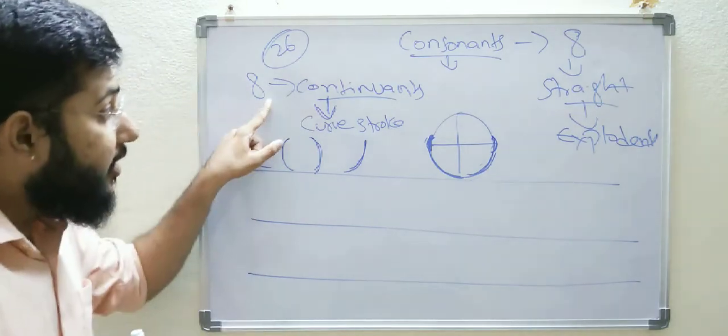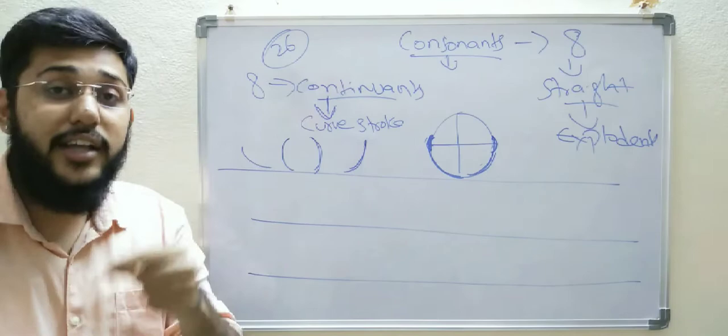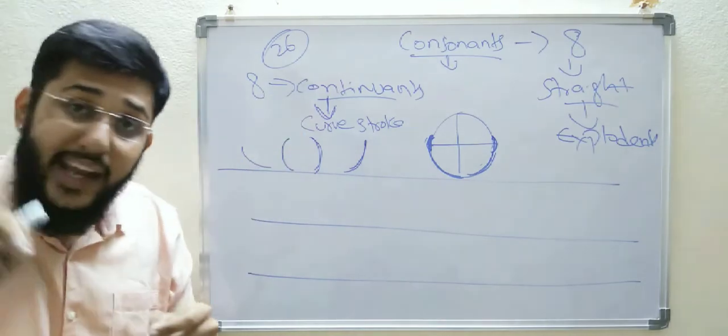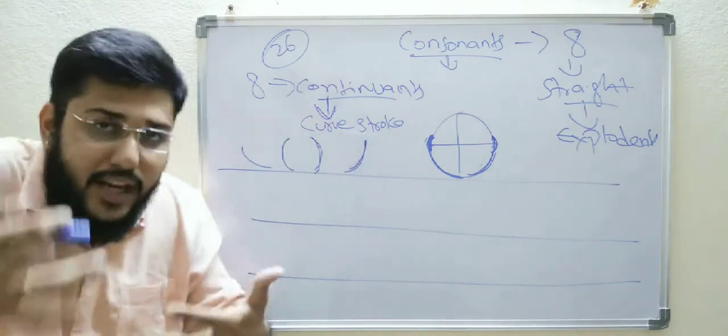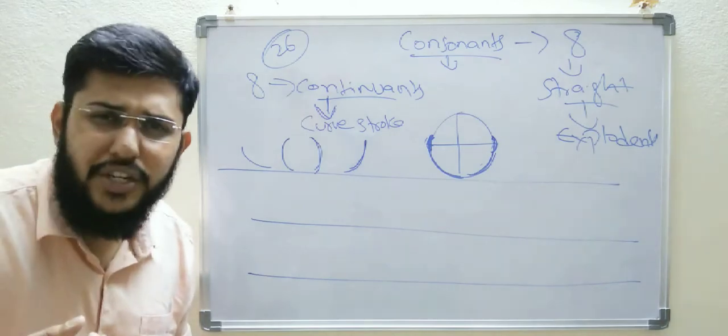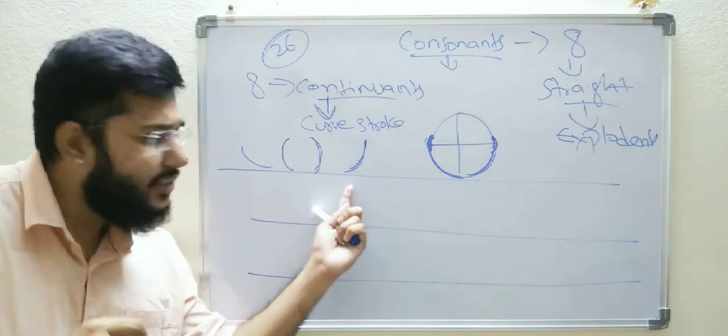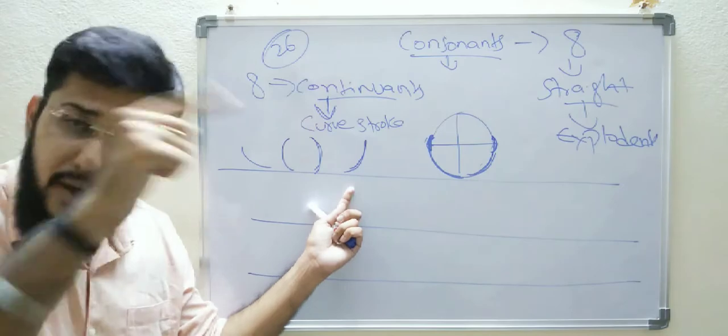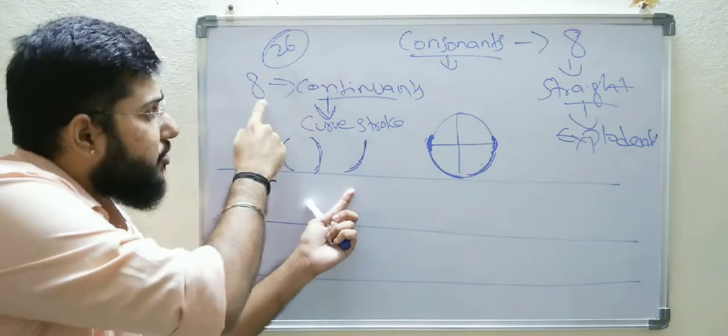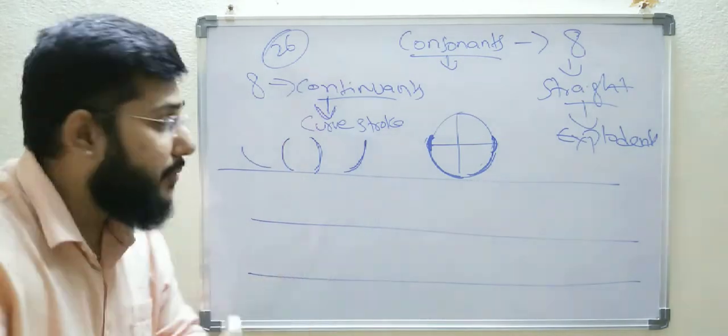But what did I teach you in the beginning? I taught you that we have 8 continuants, also called curved strokes. But you should ask me a question: Sir, you taught us only 4 strokes now, but in the beginning of the class you said 8. So very simple.